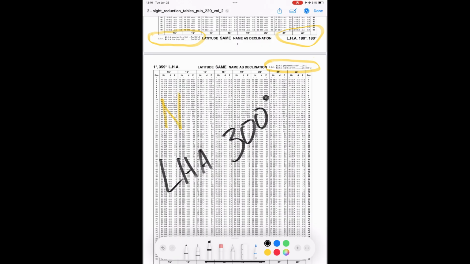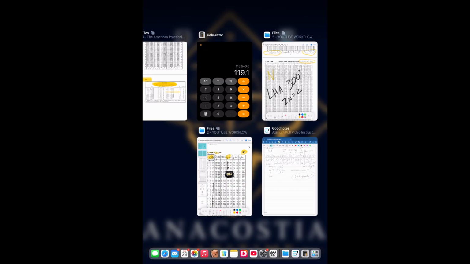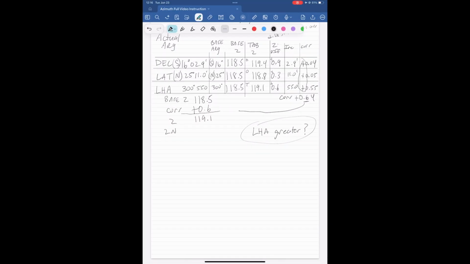It's greater than 180, so we know that Zn is equal to Z. All right, so that's done with that table. Zn is equal to Z. And what is Zn? It is our true bearing, the true azimuth bearing.